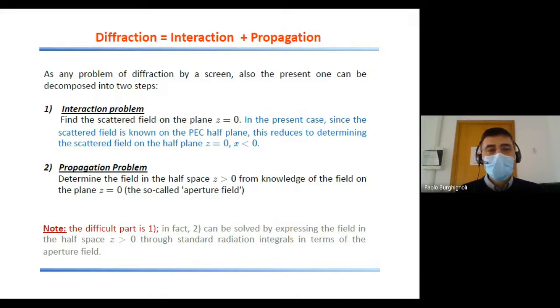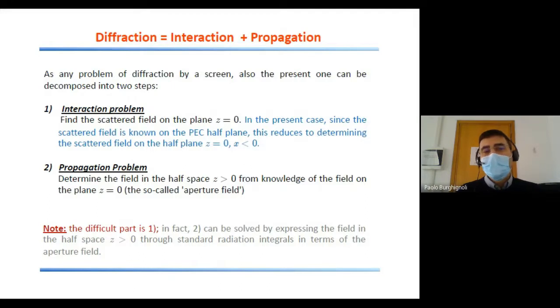Second, we have the propagation problem. That is to find the field in the half space where z is strictly positive, having determined the field on the plane z equals 0, which is also known as the aperture field, in antenna jargon, of course.